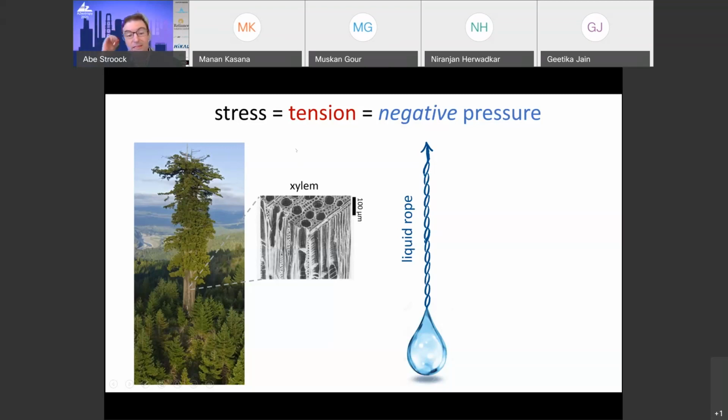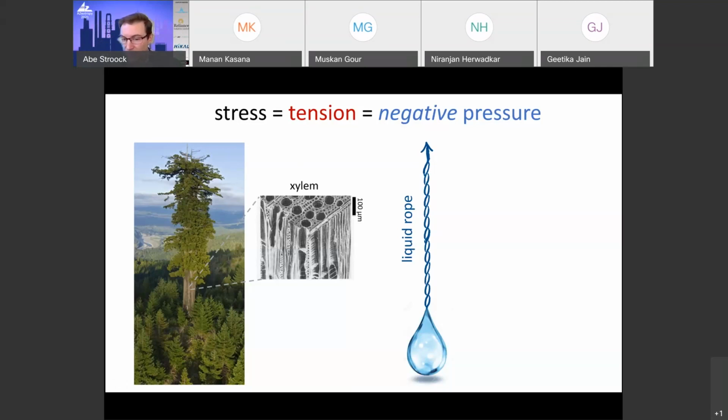And the point is that there is no pump in a plant. There is no pump, and in fact, water is held from the top. And so water is serving as what I call here a liquid rope. It is pulled from the top, pulled out of the soil based on stress carried along its length from the top to the bottom.